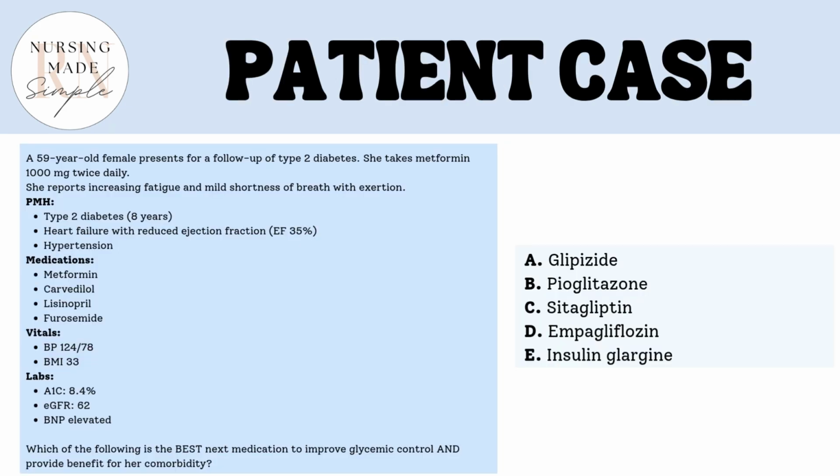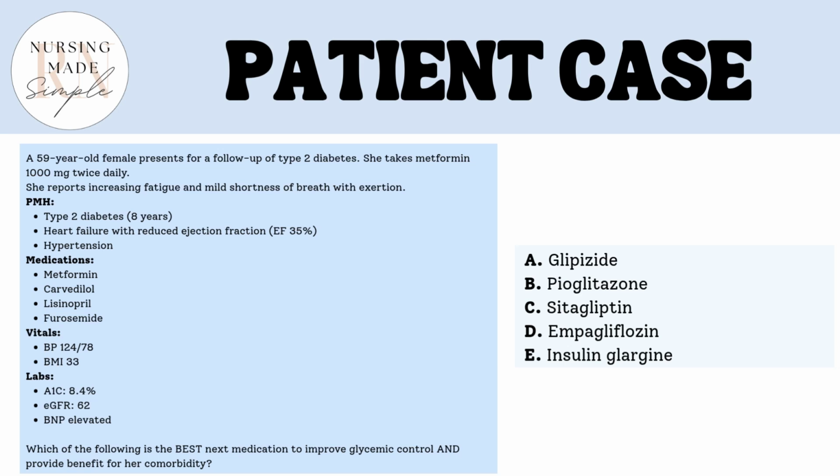All right, that is everything for our medications. So let's move on to a patient case. A 59-year-old female presents for a follow up of type 2 diabetes. She currently takes metformin 1000 milligrams twice per day. She reports increased fatigue and mild shortness of breath with exertion. Her medical history includes type 2 diabetes for the last 8 years, heart failure with reduced ejection fraction with an EF of 35%, and hypertension.